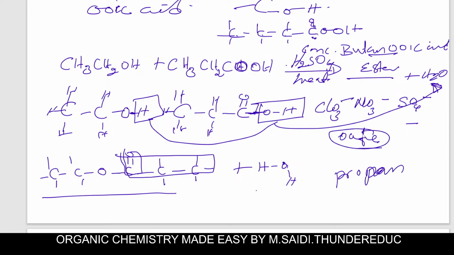Then I add the ending, so it becomes propanoate. This other part we regard as an alkyl group, a side group. Counting 1, 2, it is eth-, but because it's a side group, we add -yl. So it becomes ethyl propanoate. Ethyl propanoate. Basically, that is it.